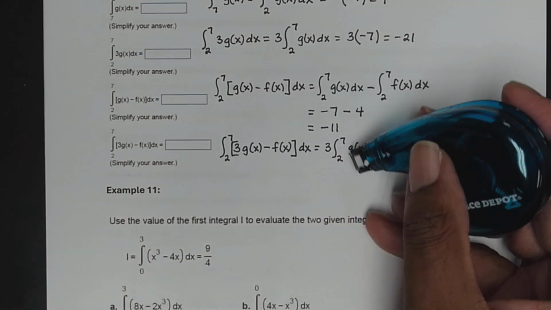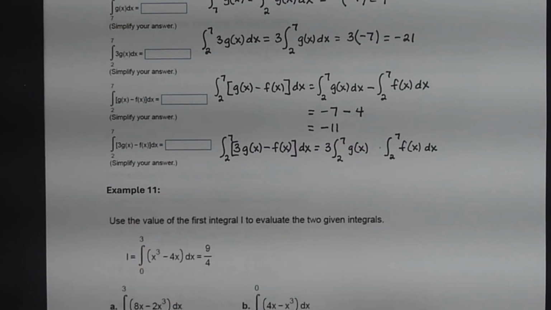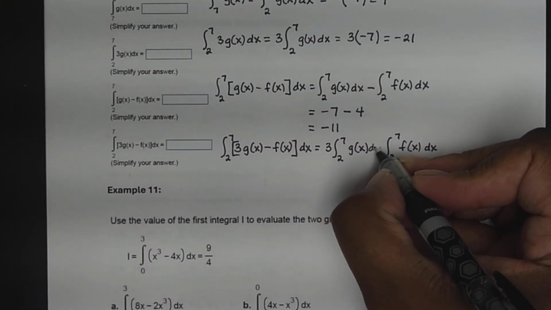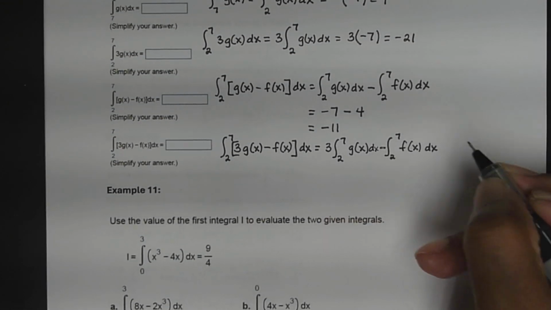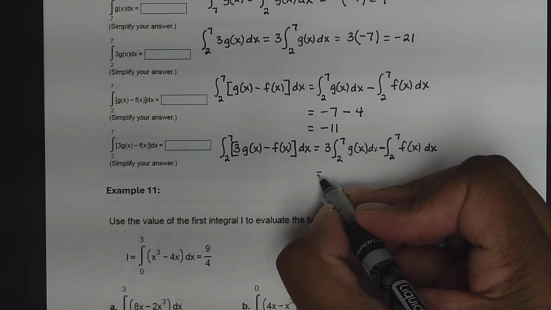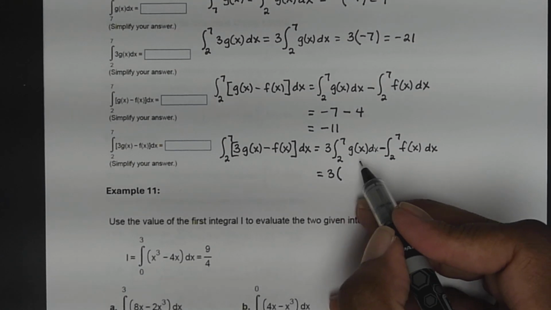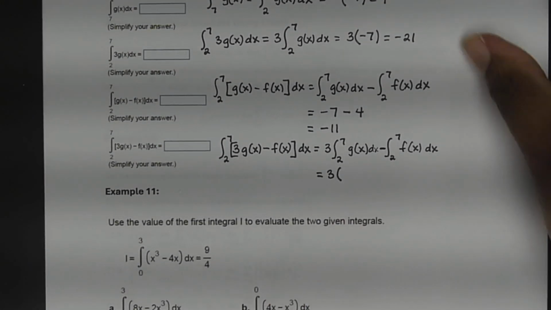And I also forgot the dx here with g of x. So this should be g of x dx minus that. So now I have 3 times the integral from 2 to 7 of g of x dx.